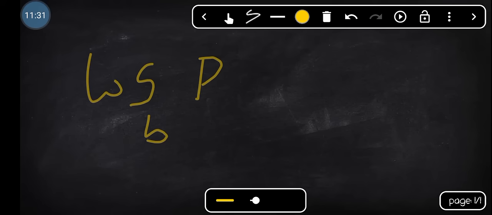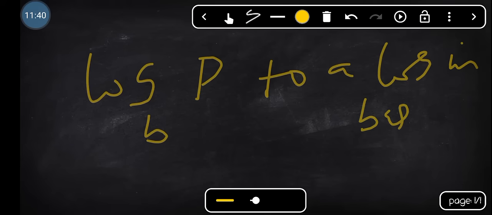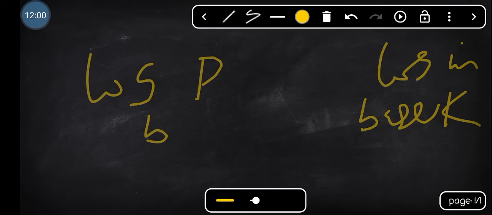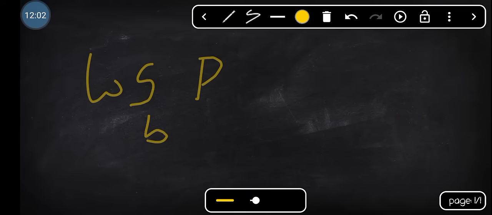We want to change it to a log in base k. So the way we go about it is very, very simple. It's not difficult. We are changing to a logarithm in base k.